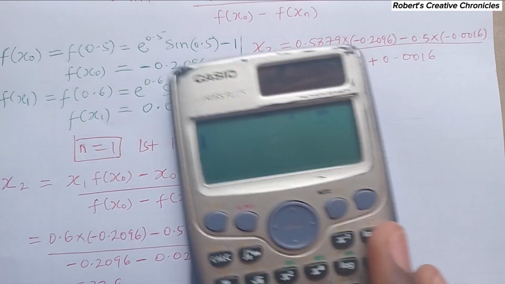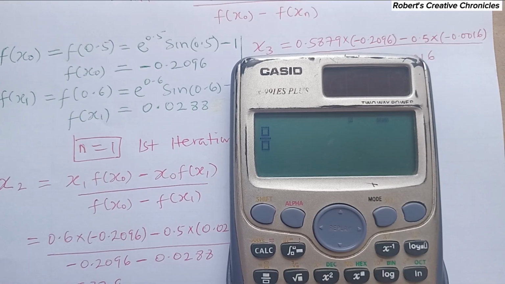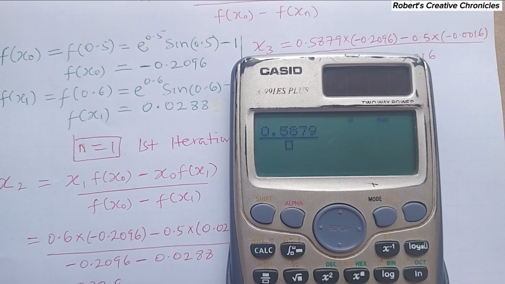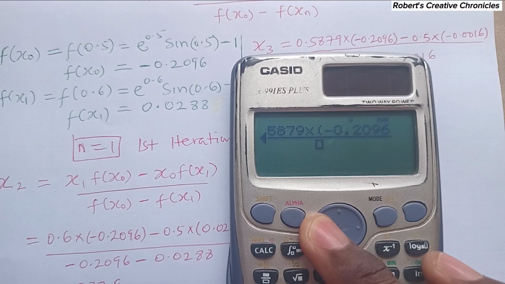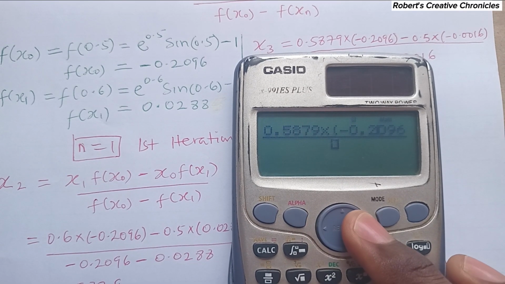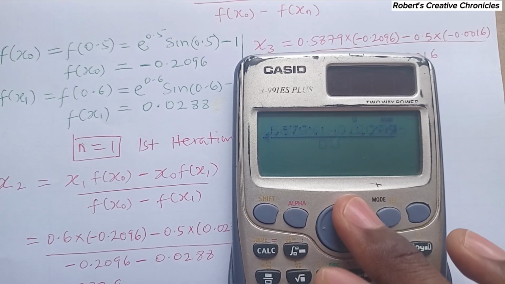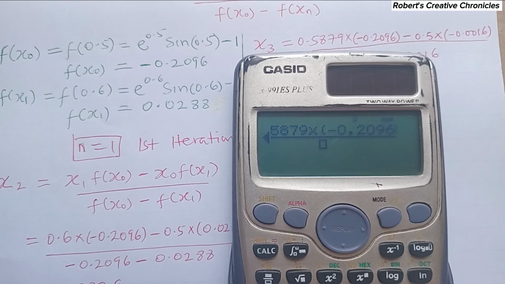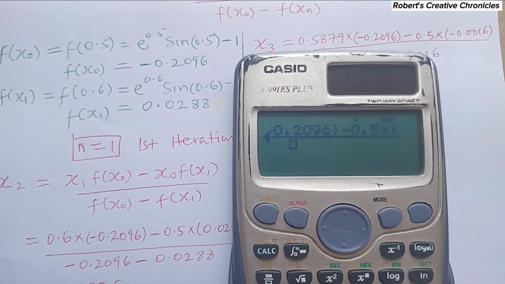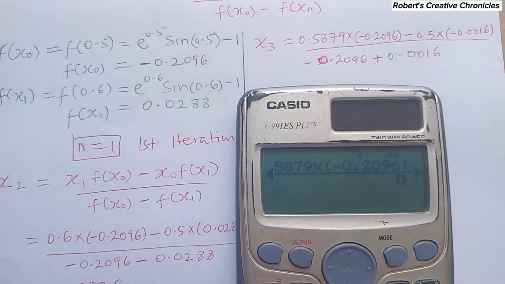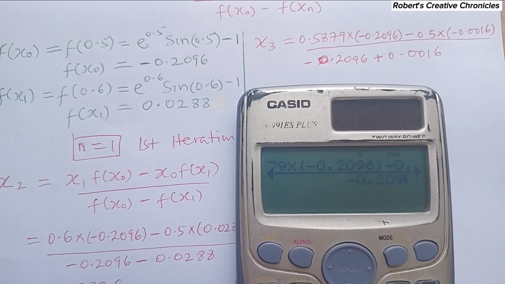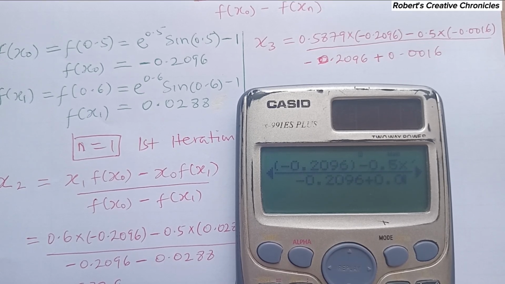So now we can put this here: 0.5879 times minus 0.2096 minus 0.5 times negative 0.0016 over negative 0.2096 plus 0.0016.